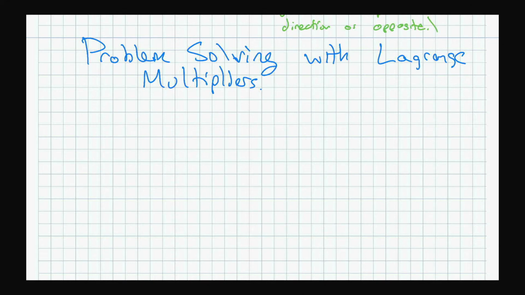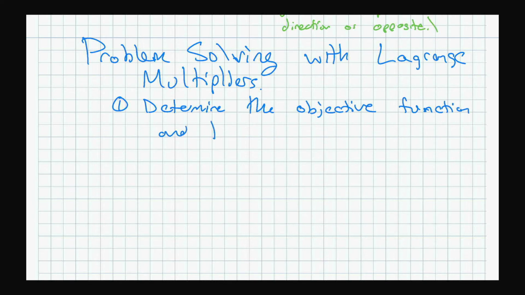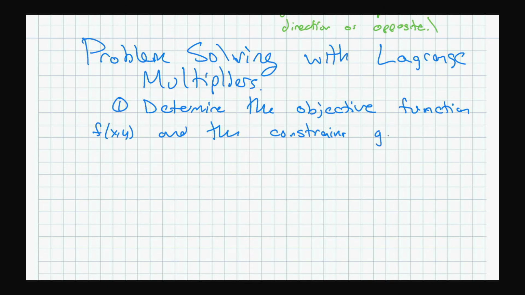Step one, determine the objective function, right? You got to know what you're doing here. So determine the objective function f of x, y, and the constraint g of x, y.